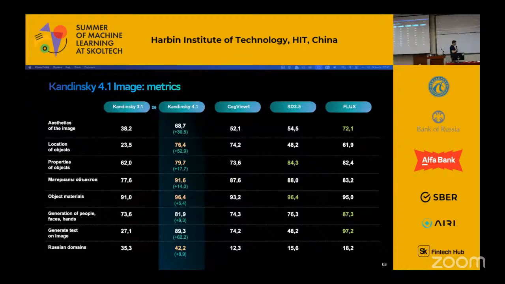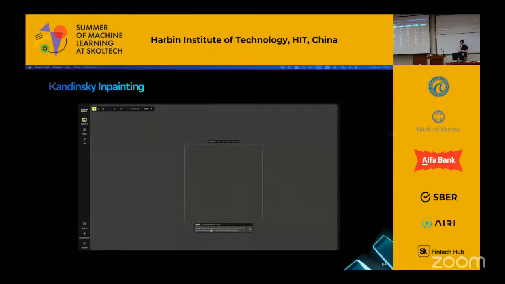These are the results on our own benchmarks created by my team and the validation team at Sber. They are divided by a lot of categories, like aesthetic of the image, location, and so on. On such a benchmark, we see that Kandinsky 4.1 is a nice model.